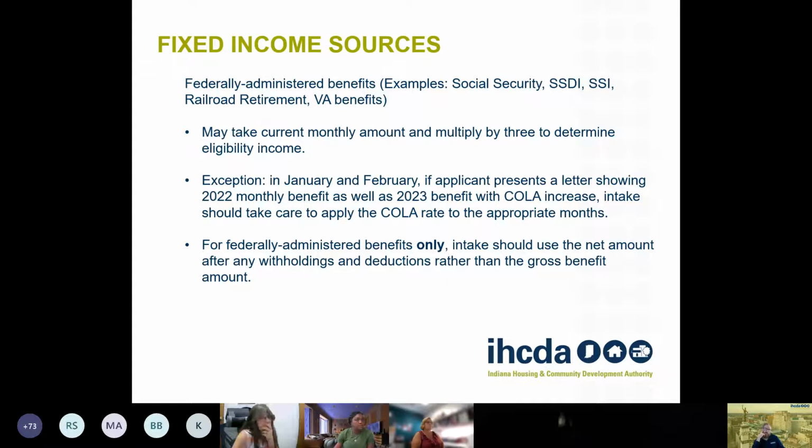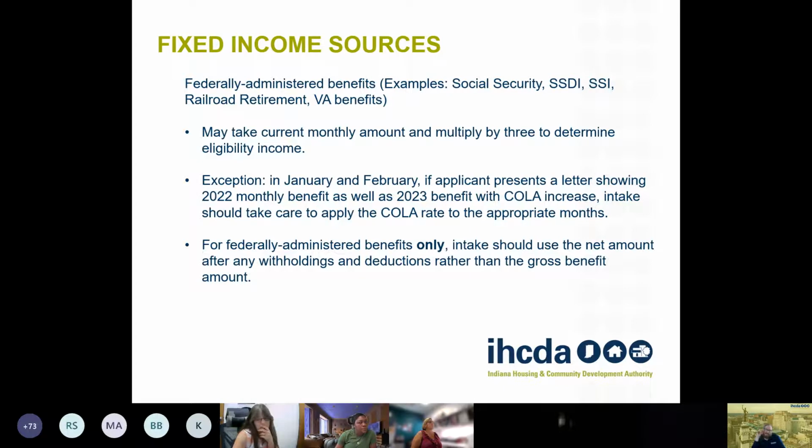If you receive a letter that says there's going to be a COLA increase and gives a percentage but does not give the new monthly amount, please do not have your intake calculate that COLA amount. You can just take that 2022 amount, since that's the one that's actually explicated on the letter, and just use that amount.